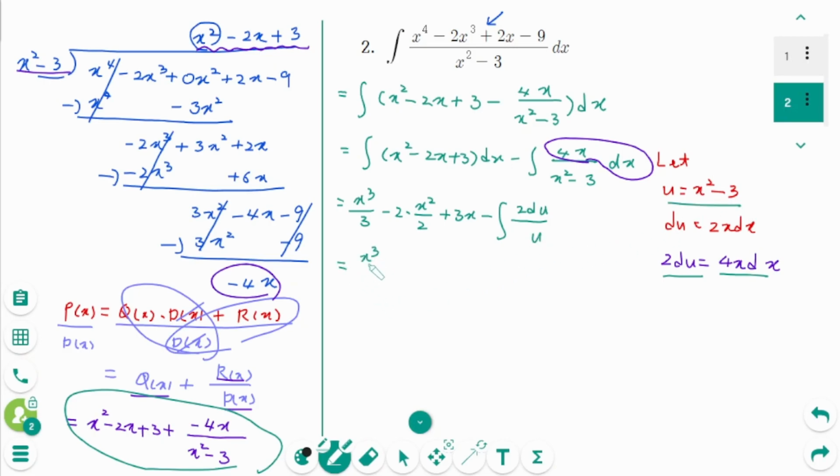It equals x cubed over 3 minus x squared plus 3x minus 2 ln absolute value of u plus c, equals x cubed over 3 minus x squared plus 3x minus 2 ln absolute value of x squared minus 3 plus c.